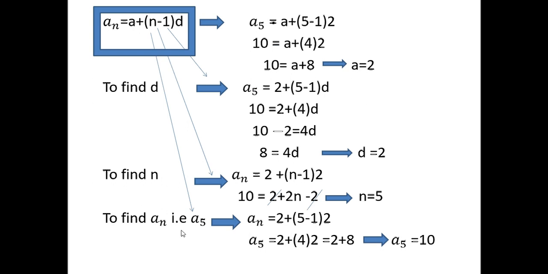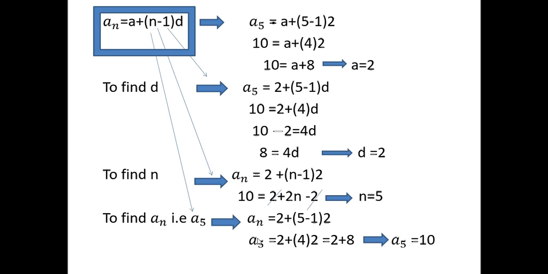Now we have to find last term an, that is a5, using the same formula. Put an equal to a plus 5 minus 1 and d is 2.